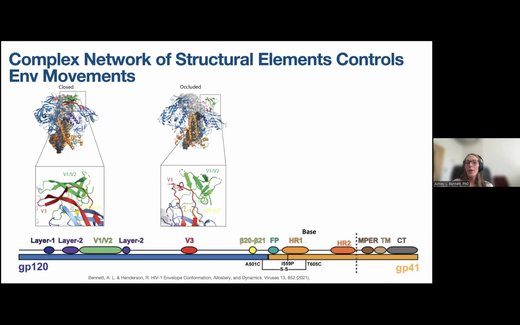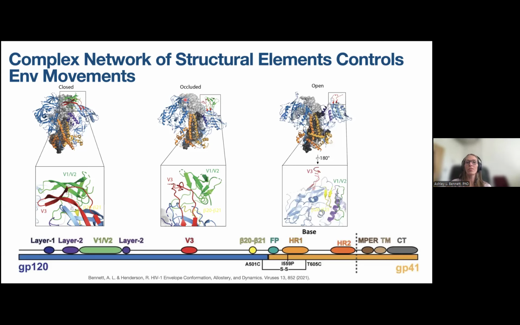There has also been what we call the open occluded structure, which is similar to the closed structure in that the V1, V2, and V3 elements have not undergone very significant rearrangements. But as you can see up here, the GP120 protomers have rotated out, breaking the contacts between the V1, V2 domains of the different GP120s.